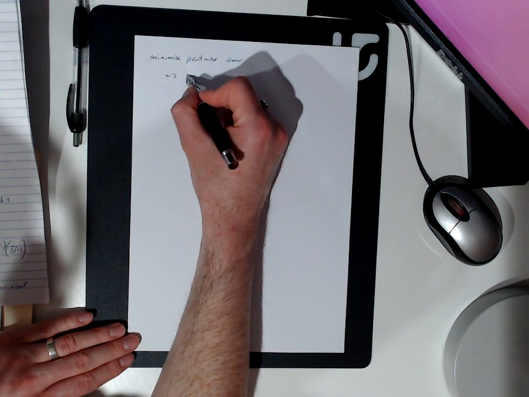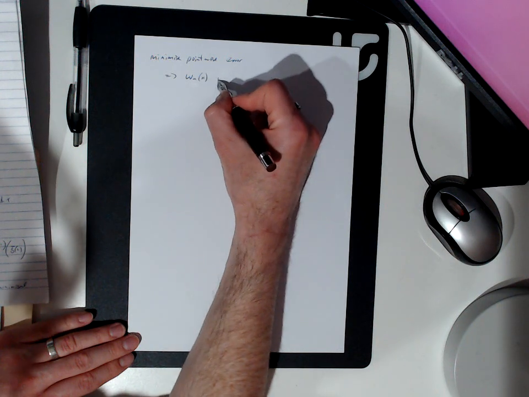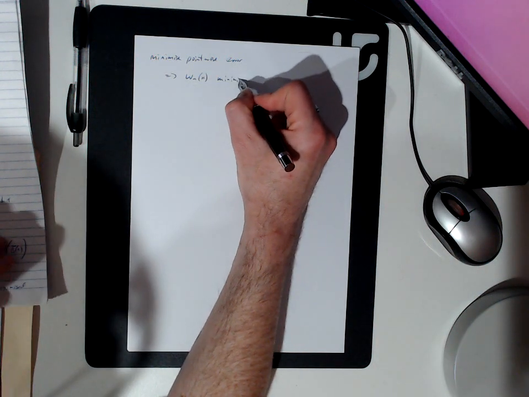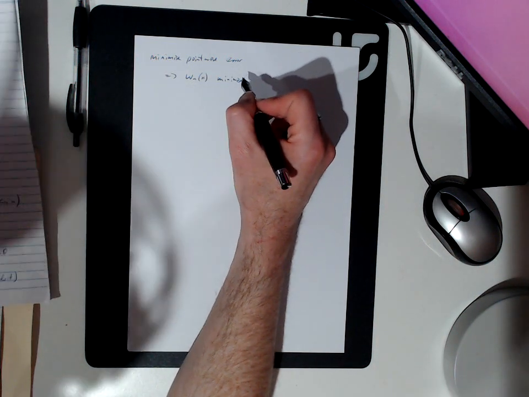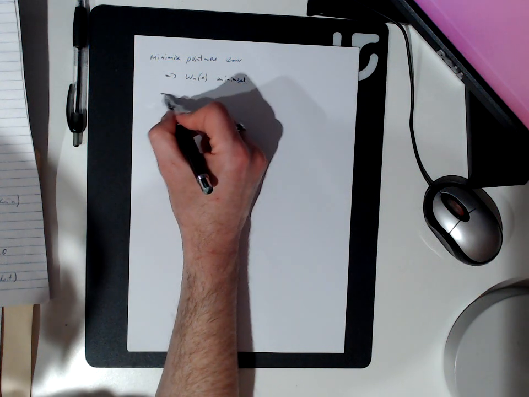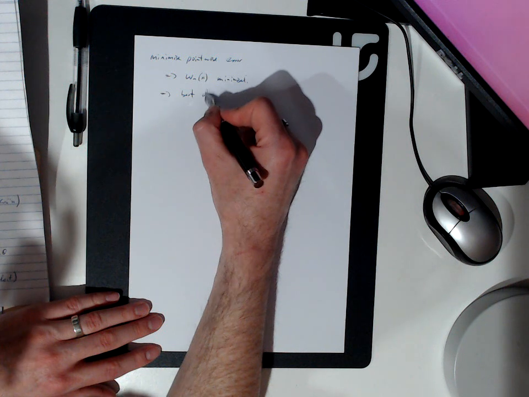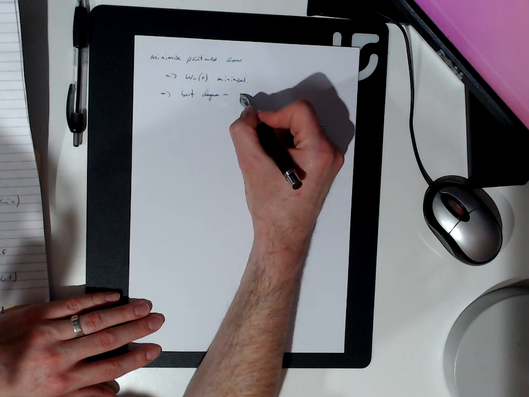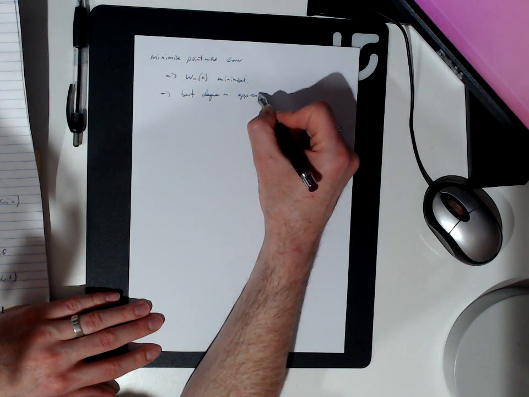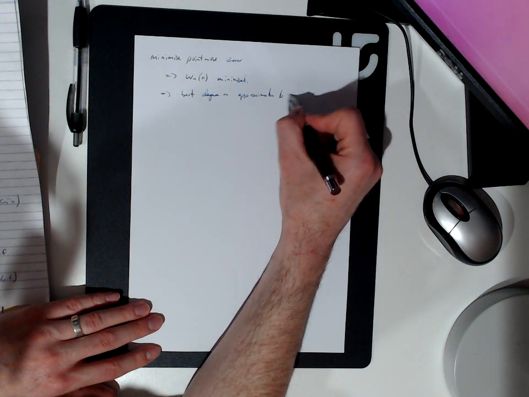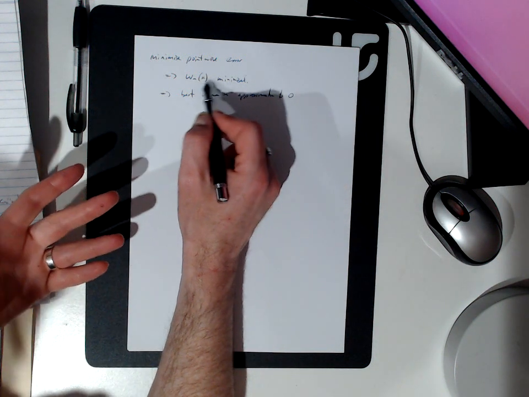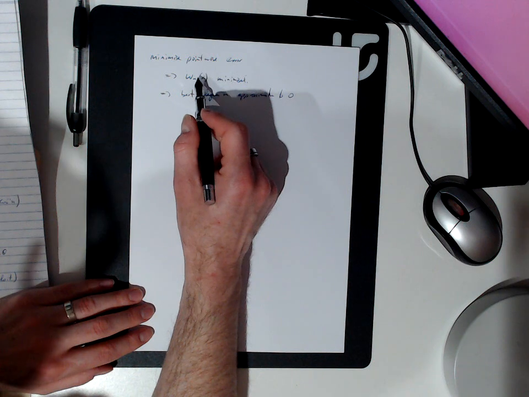is the same as we want this minimized. Which really means we want the best degree n approximation to 0, because that's what we're trying to do. We're minimizing this, we're approximating 0, but it has to be a degree n polynomial.